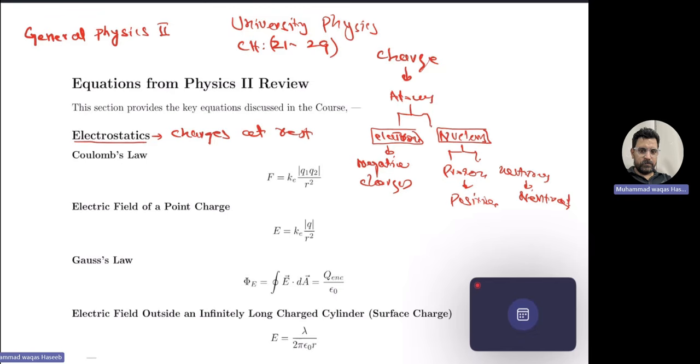When we say an object is positively charged, it means it has lost electrons. And if the object is negatively charged, it means it has gained electrons.